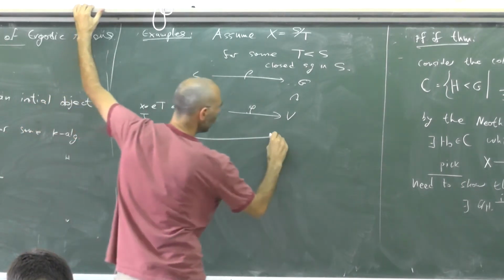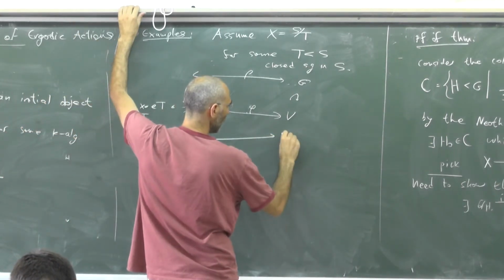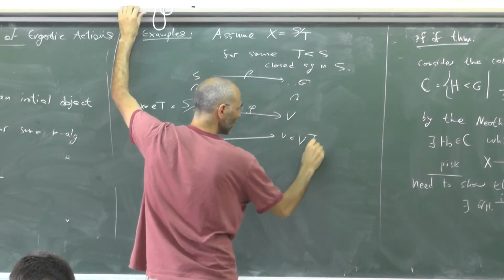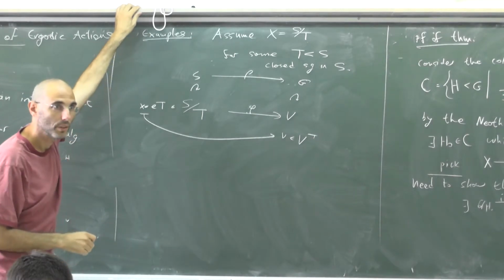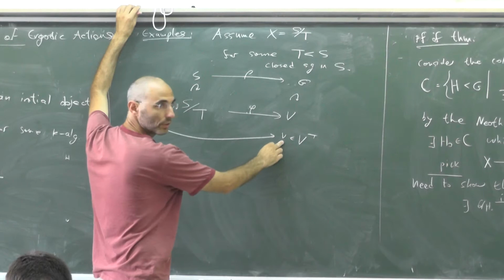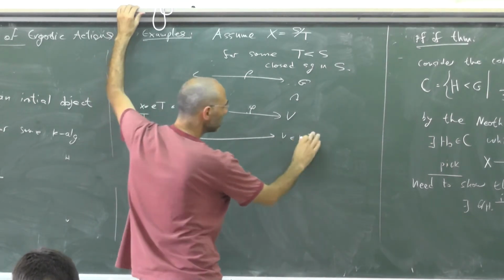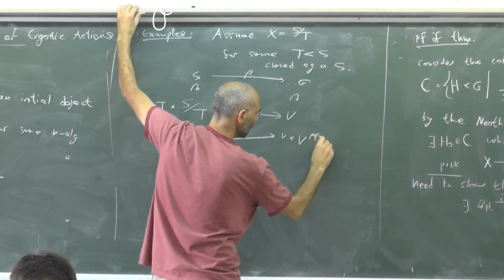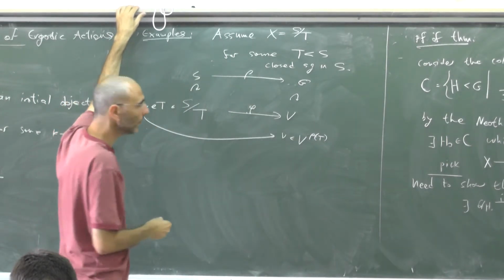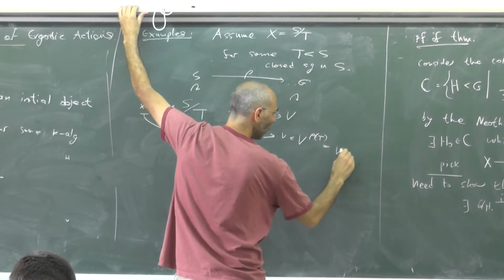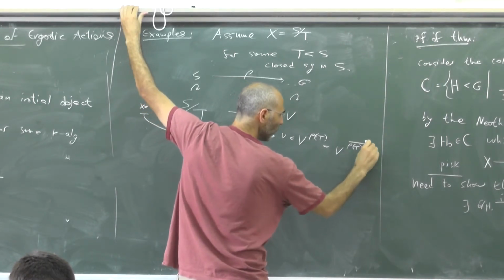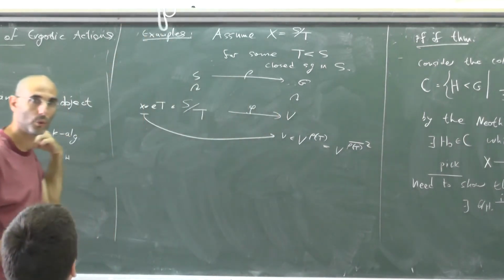These must go to some V, which is T fixed point, right? But if it is fixed by T, means it is fixed by rho T, then also it is fixed by the closure of rho T, right?